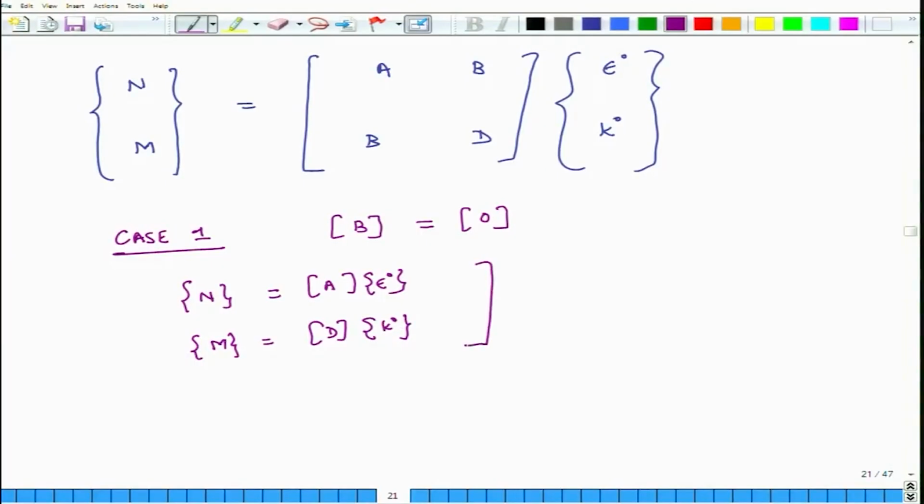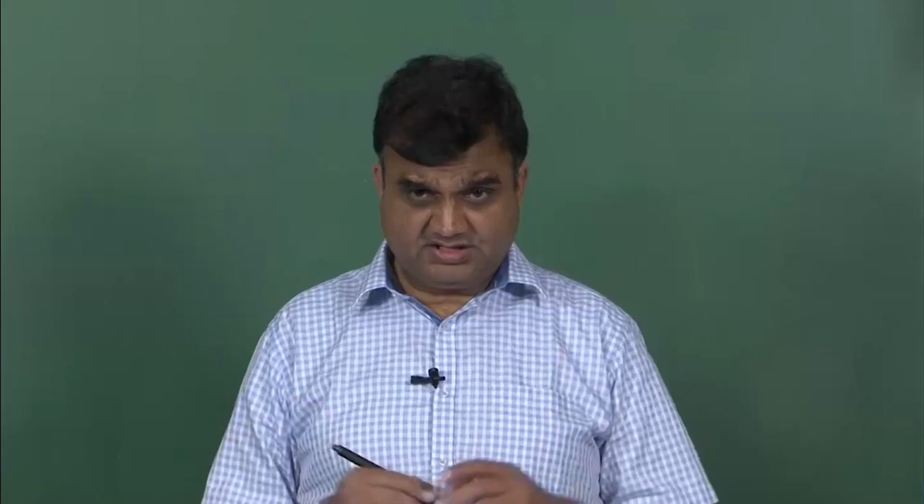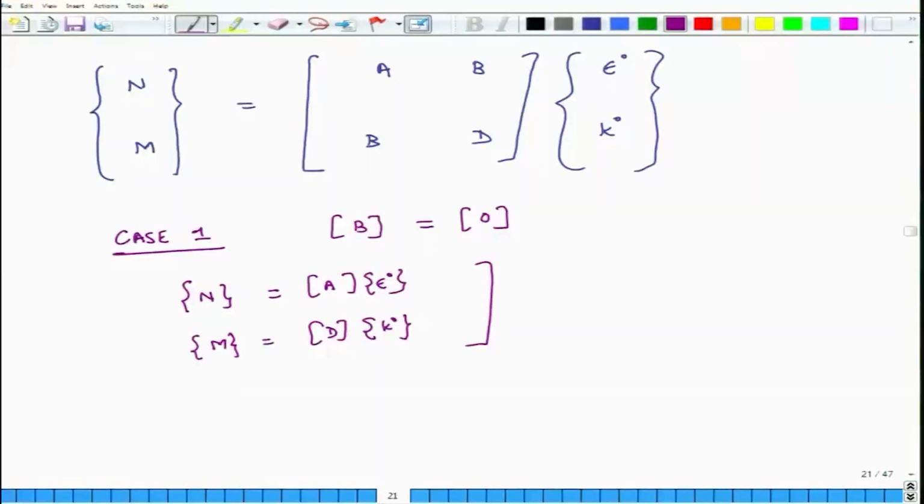So, what this tells us is that if for a laminate the B matrix is 0, then if I apply only forces on the edge of the plate, so I am only stretching it, suppose I am not applying any moments, I am not trying to bend and twist it, then it will generate only strains, it will not generate curvatures.